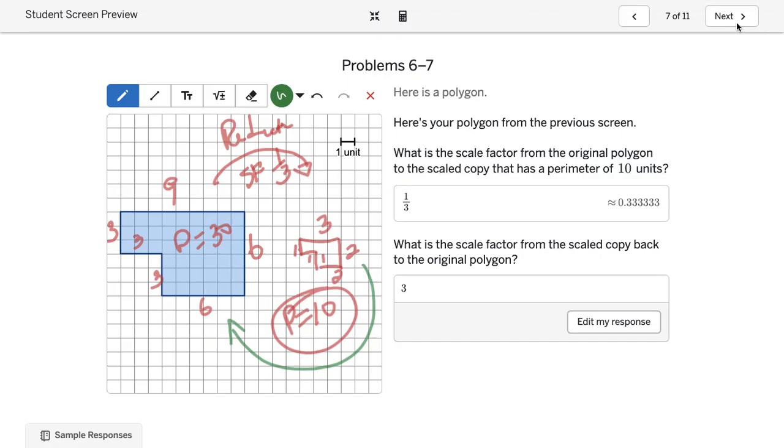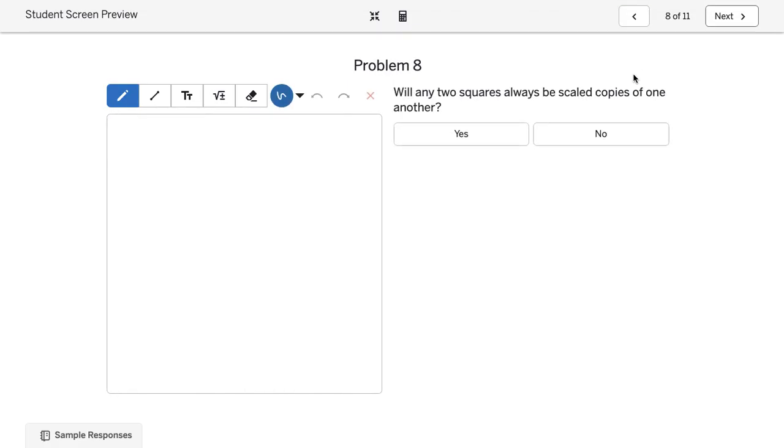Will 2 squares always be scale copies of one another? So if you take a square and take another square, will they always be scale copies of one another?